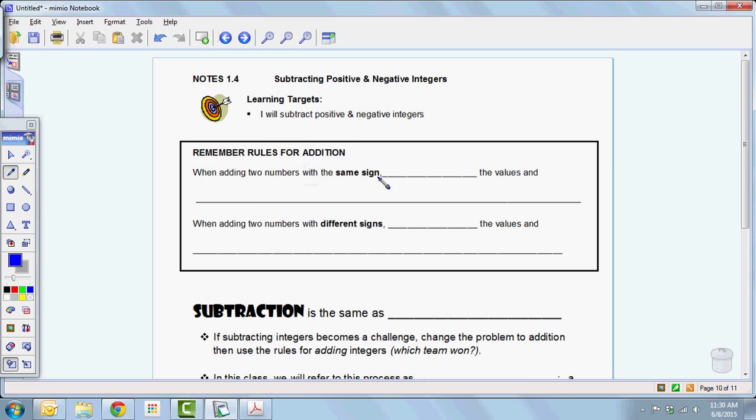So our rules for addition, if you don't remember: when we're adding two numbers that have the same sign, we're going to add the numbers together, and you're going to take the sign that both numbers have. So if they're both positive, your answer is positive. If they're both negative, your answer is negative. And then our second rule was when they have different signs.